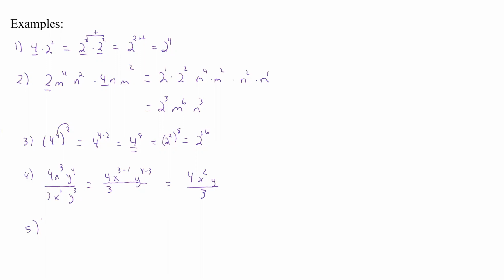Let's do fractions with powers. So let's say we have 2x to the third over x cubed, and that whole thing squared. Okay. Well, we're going to work from inside outside, kind of like PEMDAS tells us to do.